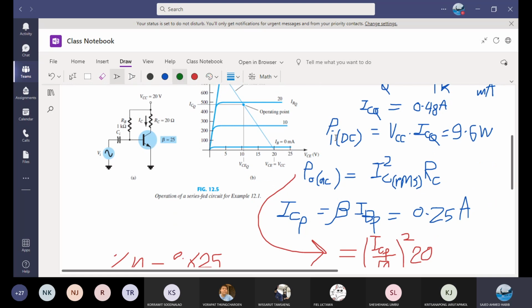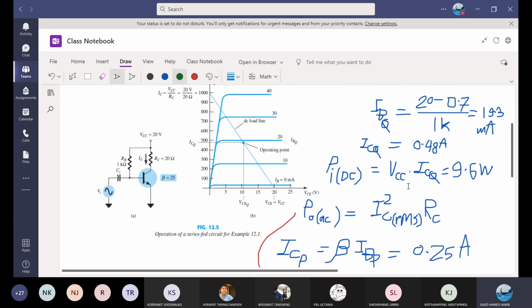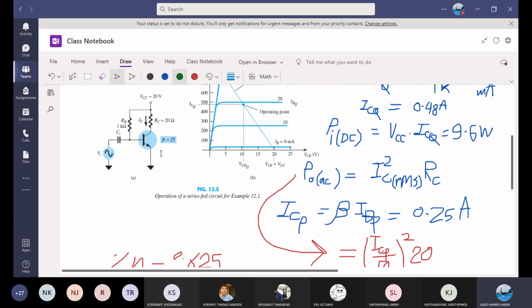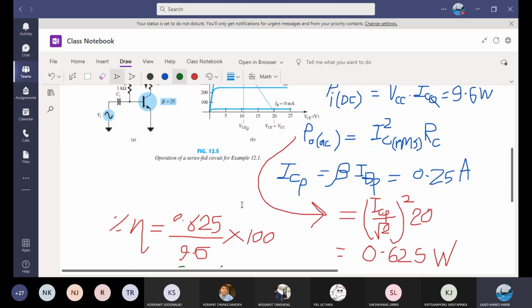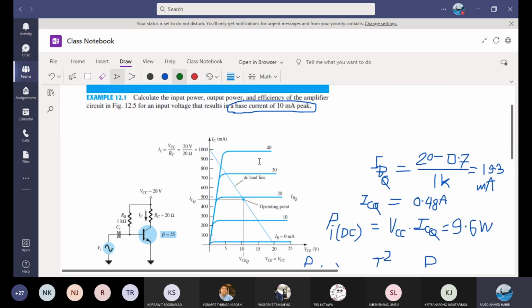The new formula is for input-output power. Sometimes you have to think, if you don't know V_CE squared, you see the peak, and you can convert to peak current or peak voltage. In this case, it is easier to convert to peak current, because when you are given the peak base current, multiply by beta, you can get the peak collector current as well.